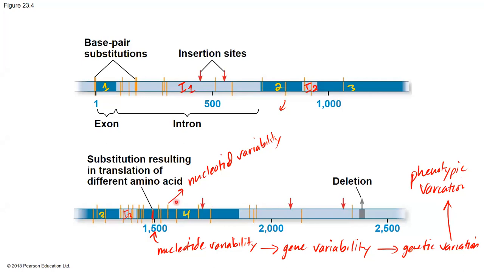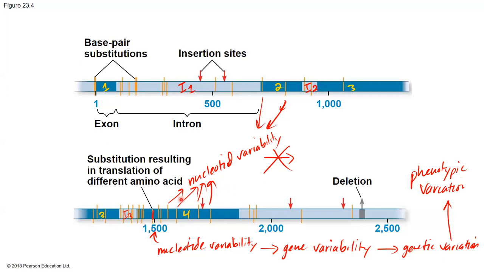This is another example of nucleotide variability, but this nucleotide variability does not cause any gene variability, which means it does not cause any phenotypic variation. Same applies to this one, this one, this one, and many other ones that are found here. So this is the only one. Why?